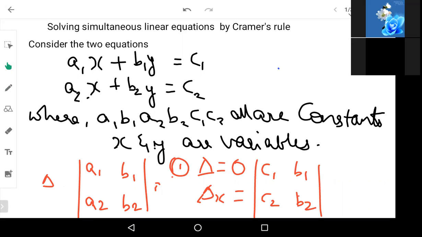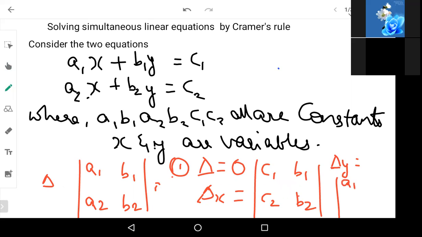Now step number 5. The next step is we are supposed to find out delta y. To find out delta y, in the place of B1 and B2, we will be replacing C1 and C2. So for delta x, what did we do? C1 and C2 replaced the first column. Now in delta y, we are going to replace the second column with C1 and C2. So what will be the value?